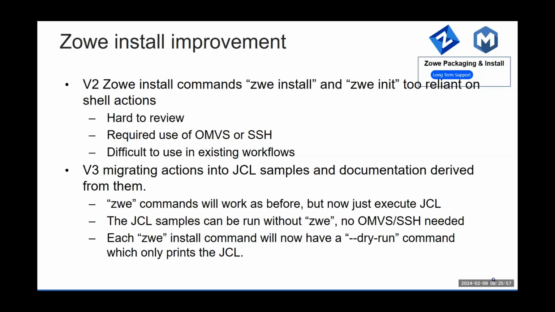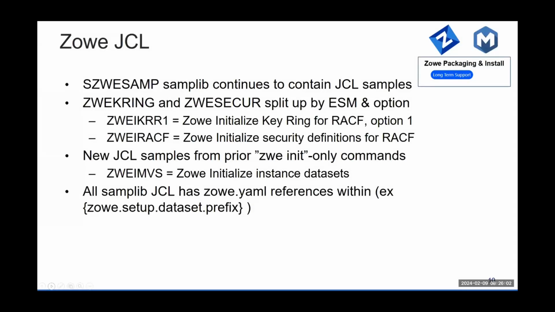So what other details do we have? In the SZWESAMP dataset, we've always had this. This contains sample libraries today. It continues to, but it's going to have more. So people may have seen a job called ZWEKRING before and another one called ZWESECUR.